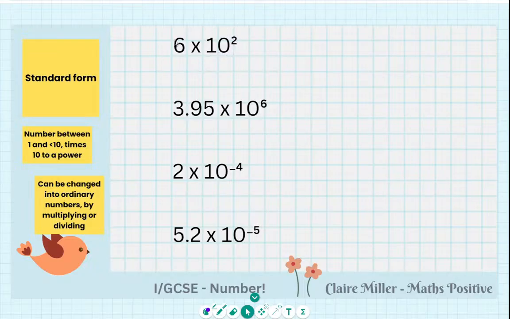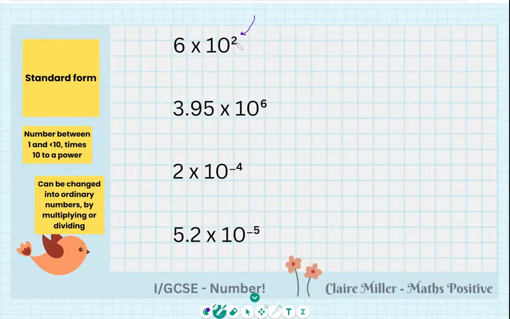That's the format that a lot of mathematicians and scientists use to compare numbers easily without having to count lots and lots of zeros, especially if they're very big numbers with loads of zeros on the end, or very tiny numbers like 0.00000005, something like that.